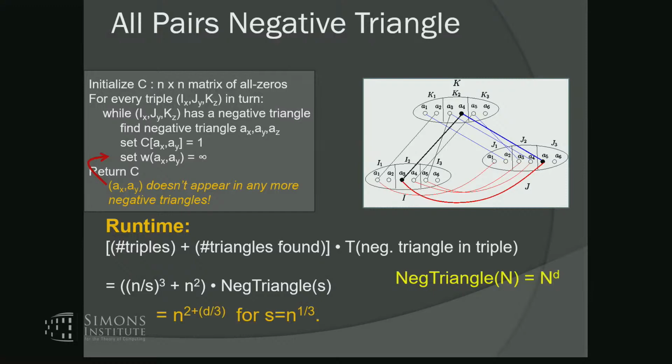Then this becomes the following running time if we set s to be n^(1/3), and we did that to balance the parameters. And what this means is that this running time is subcubic if d is less than 3. That is to say, if you have a subcubic time algorithm for negative triangle, then this whole entire procedure runs also in subcubic time.